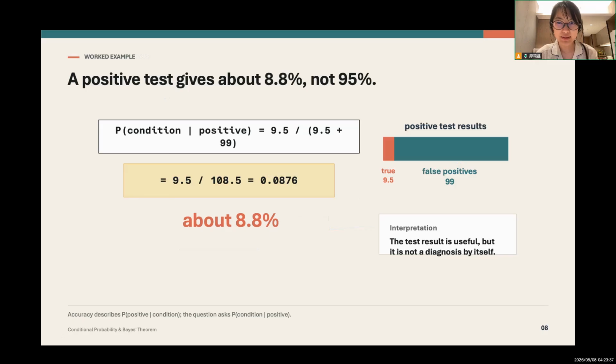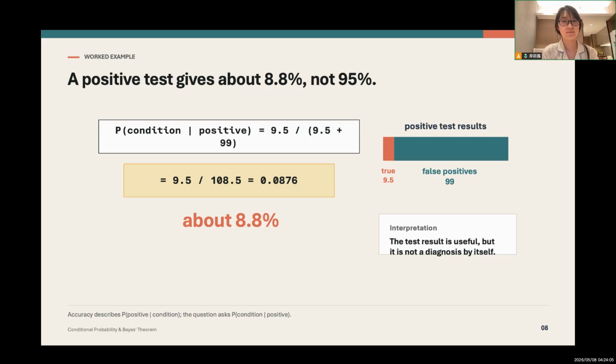A 95% sensitivity tells us the probability of a positive test result, given having the condition. But the question asks about the probability of having the condition given the positive result. And those are reverse conditions.